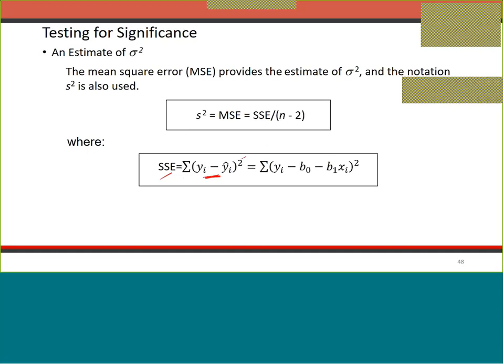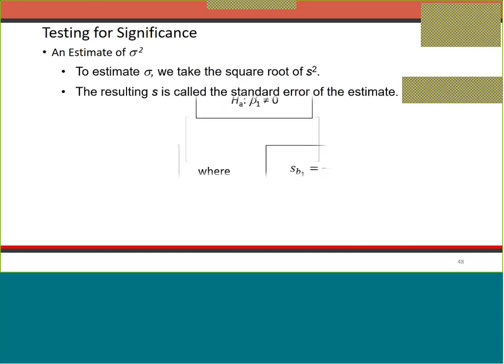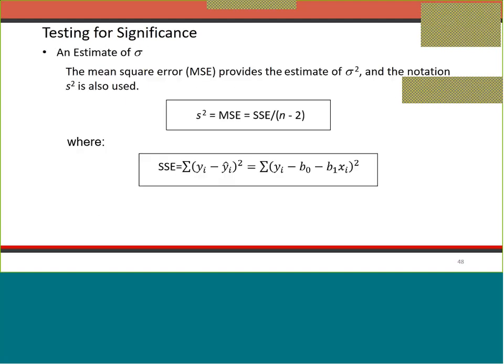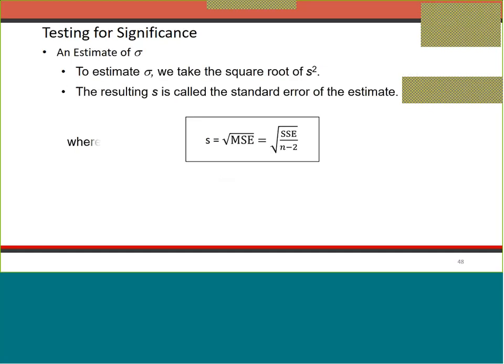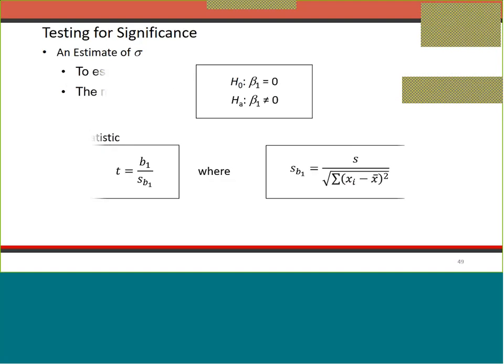Degrees of freedom is n minus 2, the number of items in the sample minus 2, because there are two unknowns, b0 and b1. Once you calculate SSE, the mean sum of squares due to error is SSE by n minus 2, known as s square. Once you calculate s square, you can calculate s.